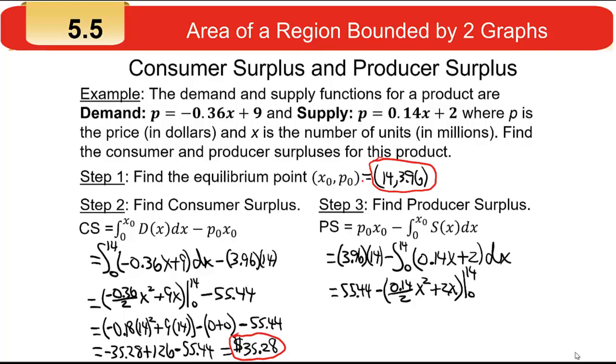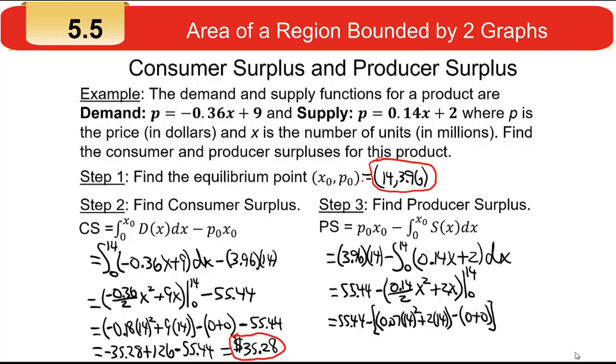The integral of x is x squared over 2, so it's going to be 0.14 x squared over 2. The integral of 2 is 2x, and now we evaluate it from 0 to 14, which means we plug in the 14. The 55.44 minus thing just sits there, but make sure you put brackets around that numerical expression that you're going to write down to the right of that minus sign. Otherwise, you may mess up with your distribution and get a sign wrong.